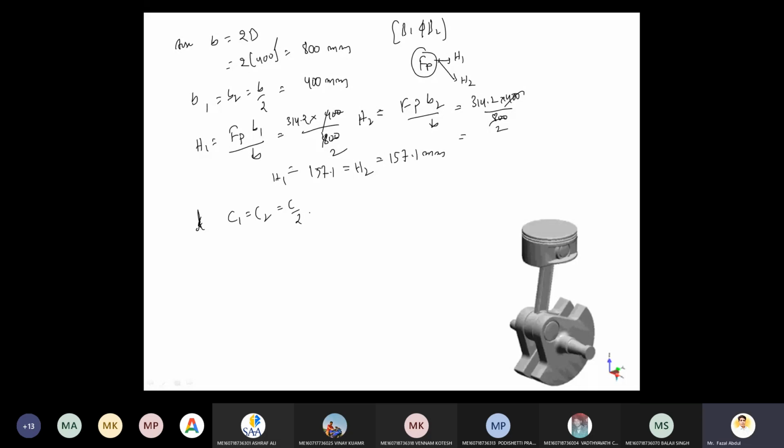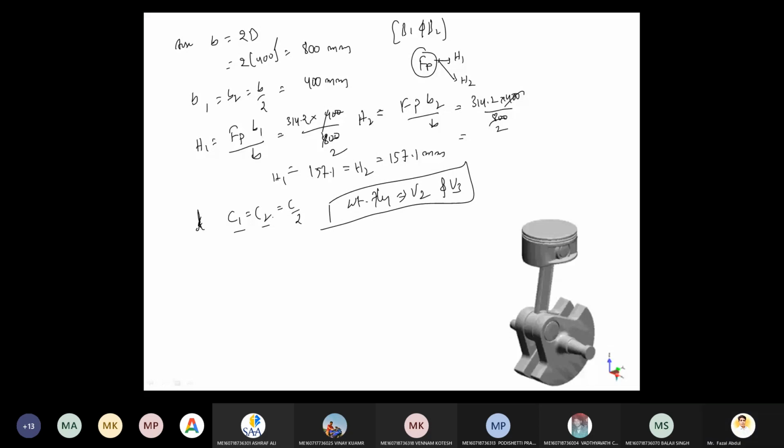Due to the flywheel, the load is acting downwards, so there will be two reactions at bearing 2 and bearing 3. Due to the weight of the flywheel, there will be two vertical reactions V2 and V3.